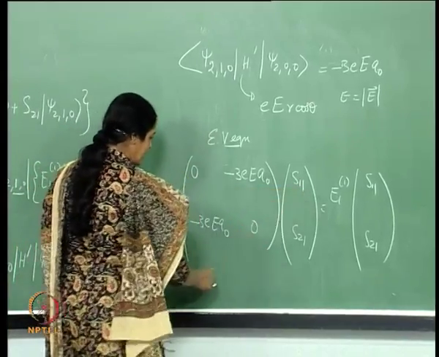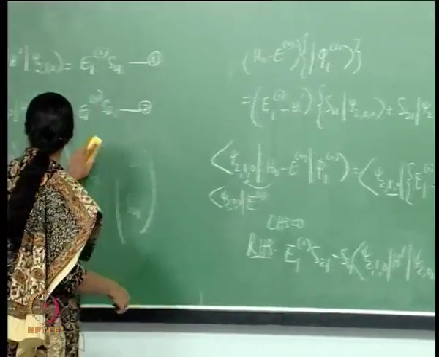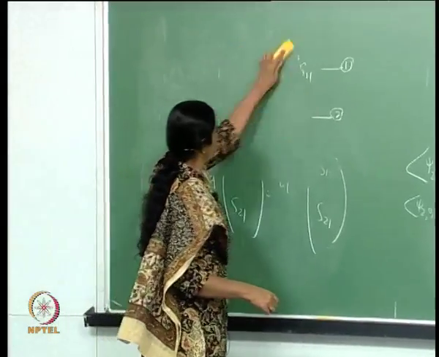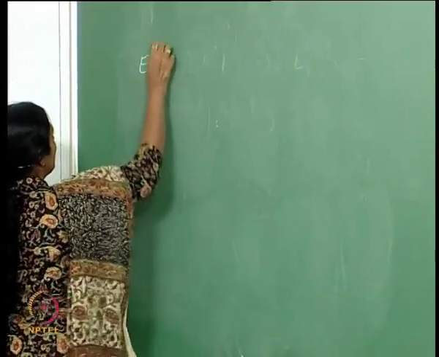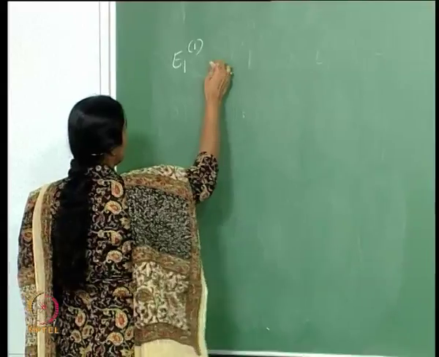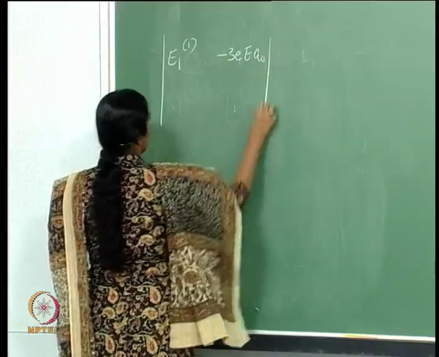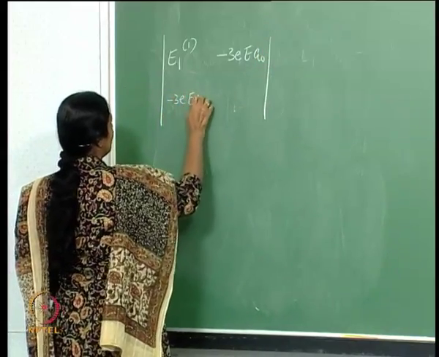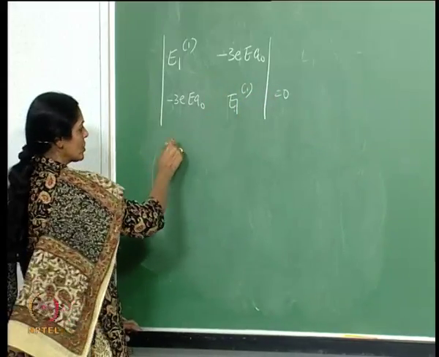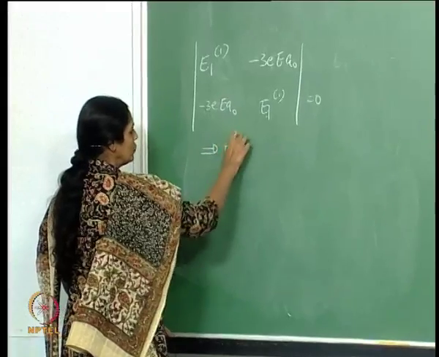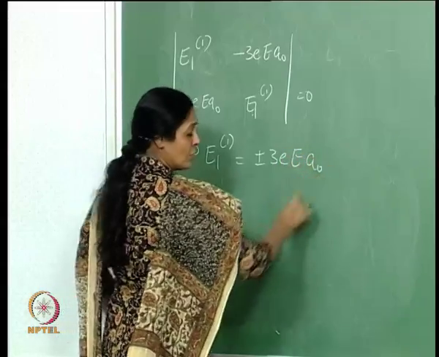You will get a quadratic, because this implies that the determinant of this object is zero, in order to get the eigenvalues, and therefore the eigenvalue, the contribution to first order, is plus or minus 3eEa0.